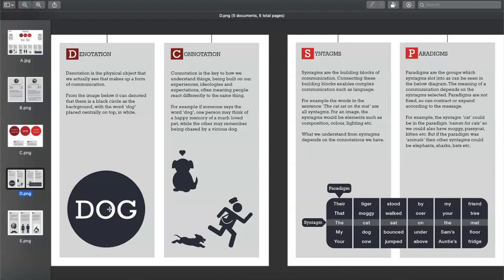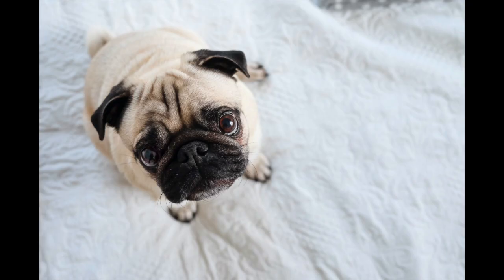Meaning, if you're a dog lover, and you have dogs, and you're a big fan of dogs, then as soon as you see this symbol, it's going to trigger pictures in your brain that are going to be positive, like this graphic of a dog here with a little heart over his head. So that's the connotation. The denotation is the physical object that says dog, and then what happens after that is individualized. Some people, the connotation will be, oh, I love dogs, they're adorable, they're great.